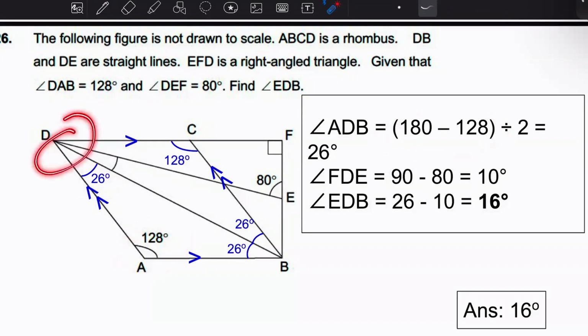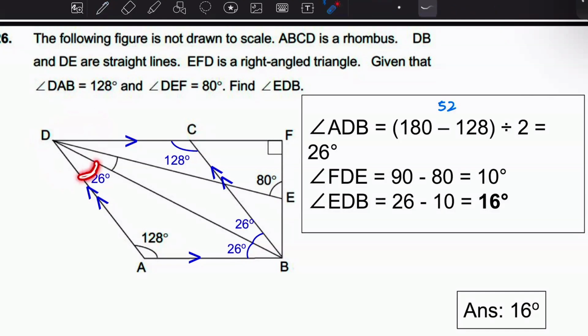To get this whole angle here, what you have to do is 180 minus 128. You get 52.